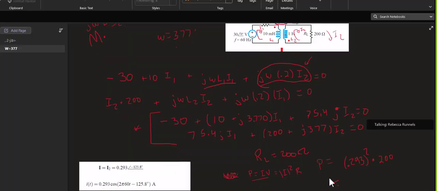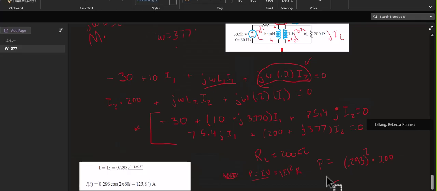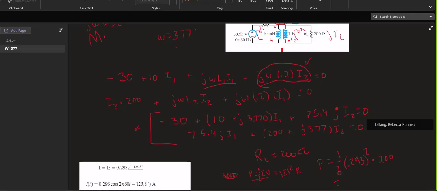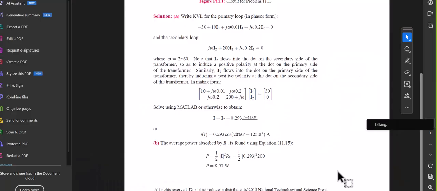And that would get me, except I forgot my 1/2. I forgot my 1/2 because it's not RMS. And so then the answer after that is 8.57 watts.